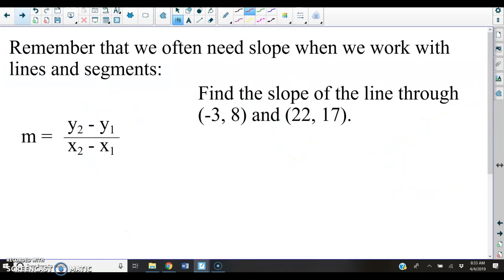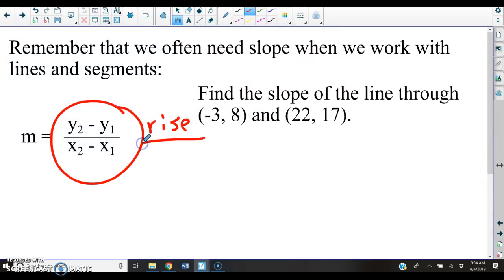Another thing we need to review before we move on into the chapter is slope. When you find the slope of a line, remember it's difference of the y's over the difference of the x's. This is telling you how much you rise, and this is telling you how much you run. Remember, positive slopes will go up, negative slopes will go down to the right. Okay.